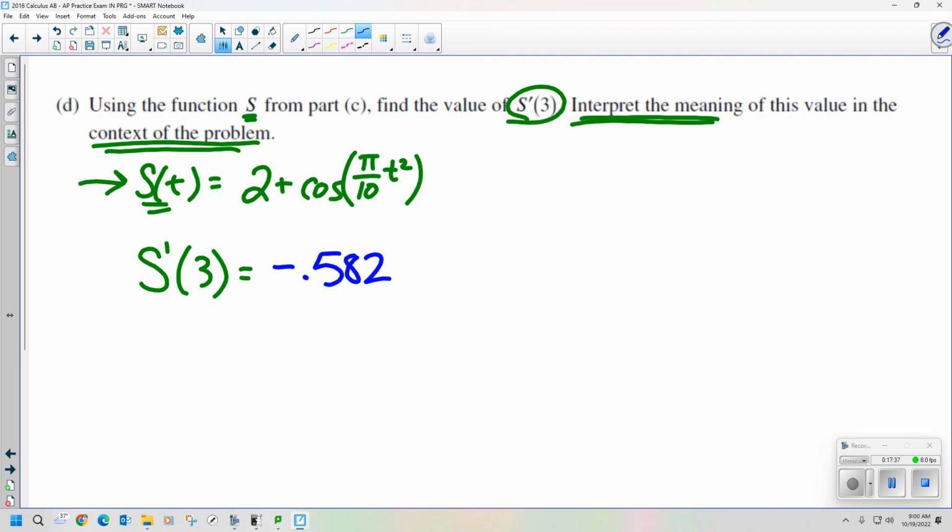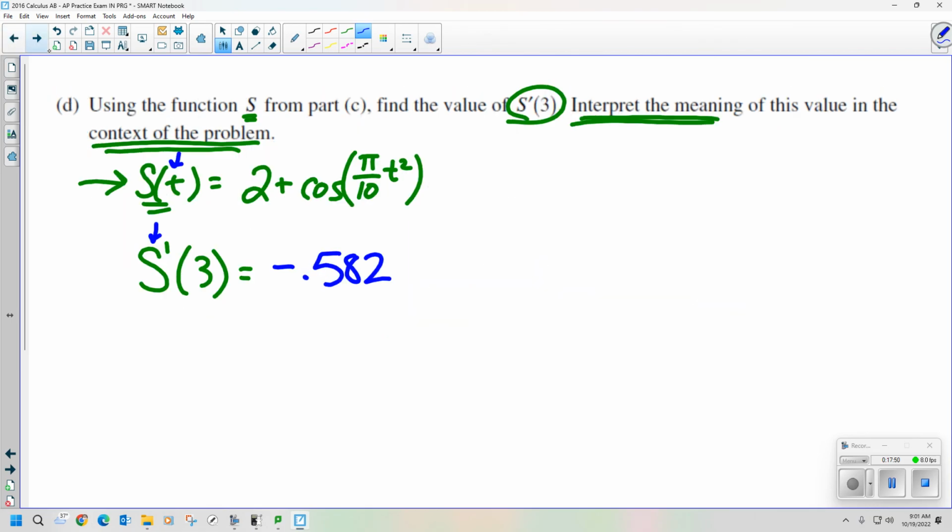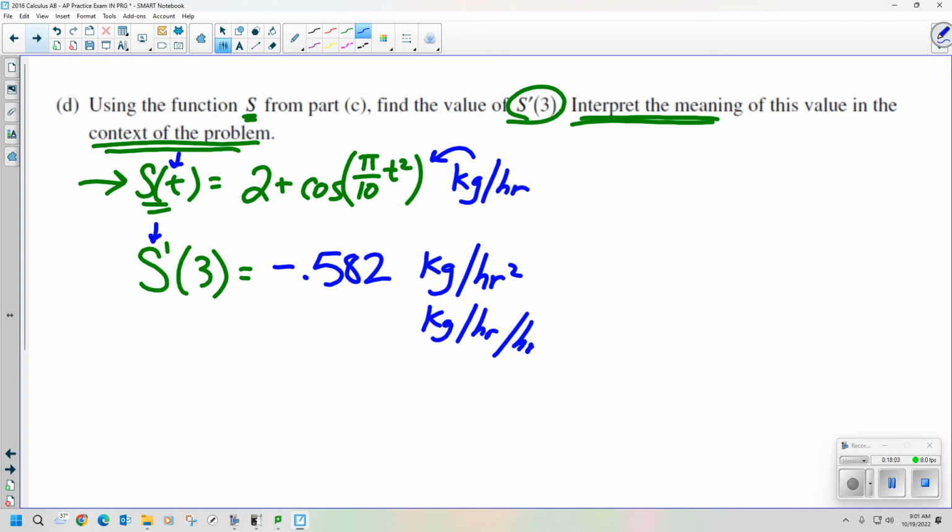Negative 0.582. Now, it is the derivative of a rate. This rate was, if I go back here, kilograms per hour. So if this was in kilograms per hour, this is in kilograms per hour squared, or kilograms per hour per hour.